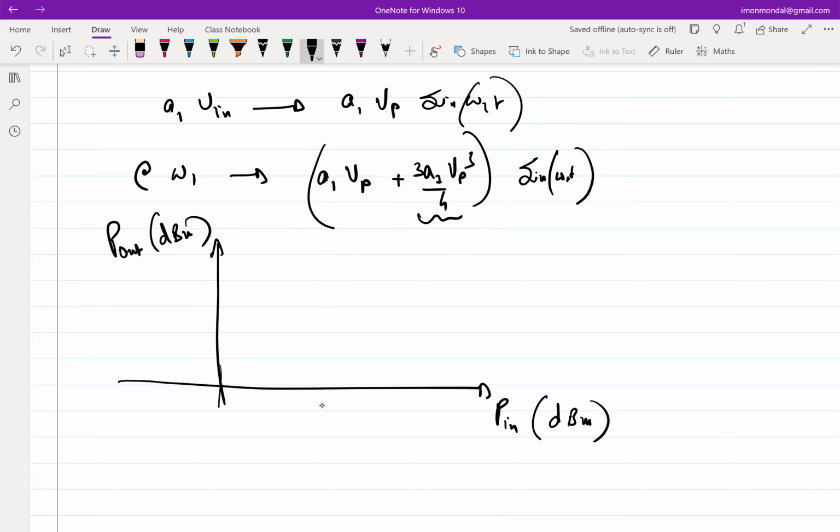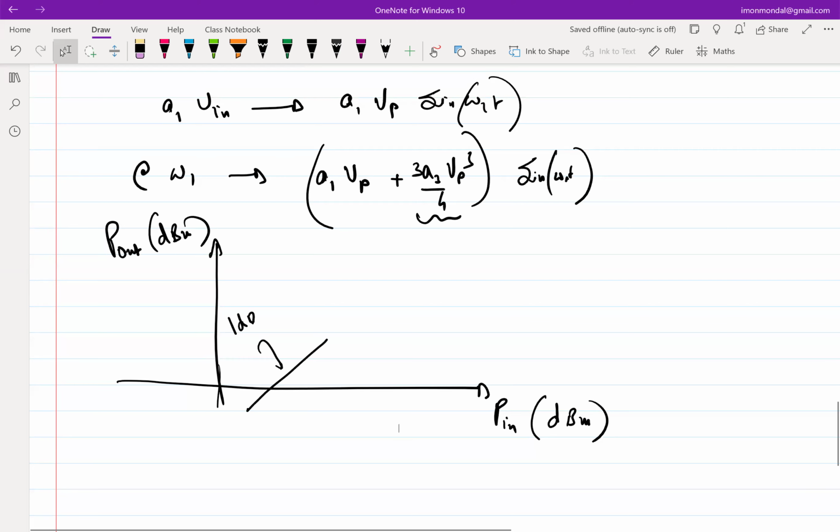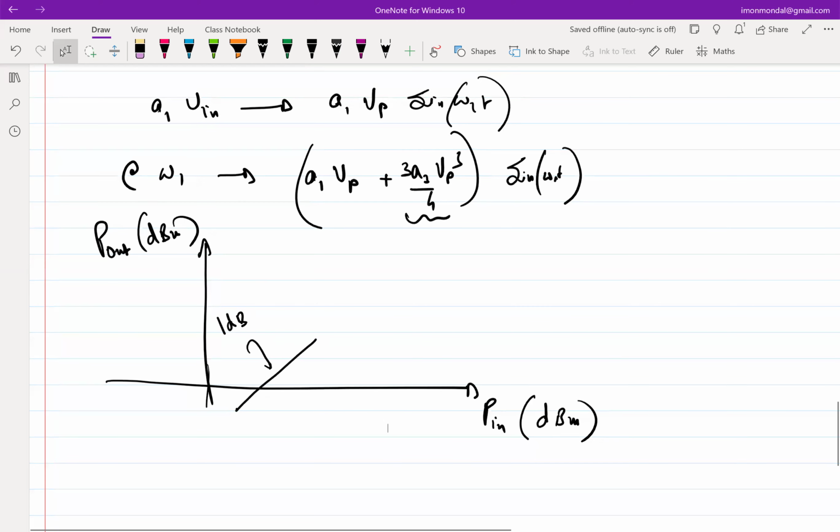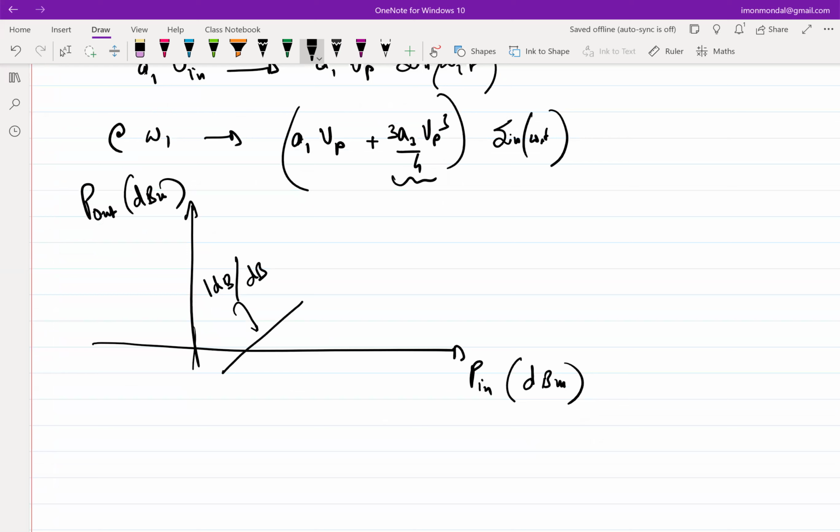It will be a straight line having a slope of 1 dB per dB. No, not decade. I mean, on the x-axis I'm plotting dBm, on the y-axis I'm plotting dBm. Right? So it's a dB plot.